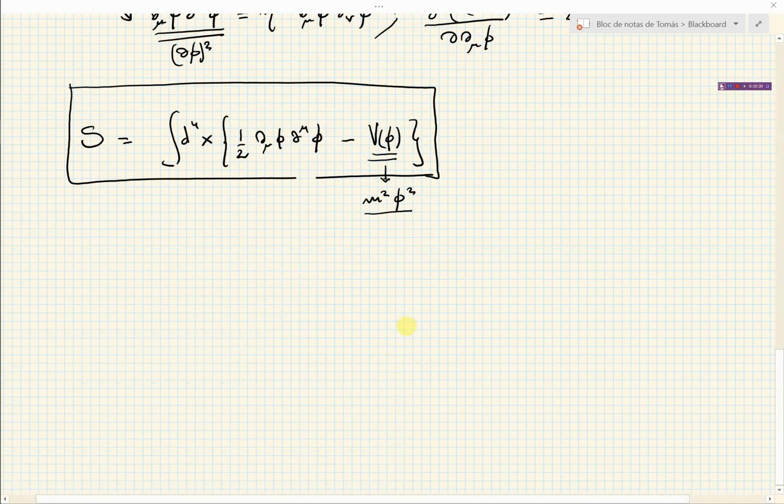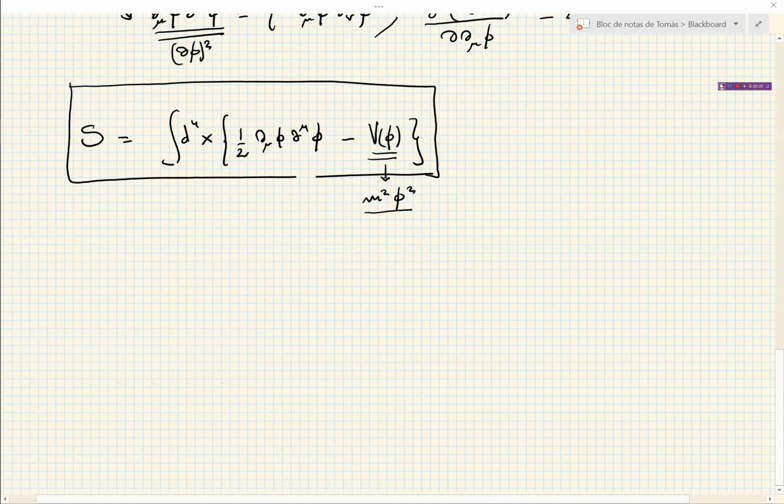So let's move on and try to find the equations of motion. We can do two things. We can apply the Euler-Lagrange equations that we found, or we can vary the action directly as an exercise. So let's do both things. The Lagrangian L is this expression, and we need to compute the partial derivatives with respect to phi.